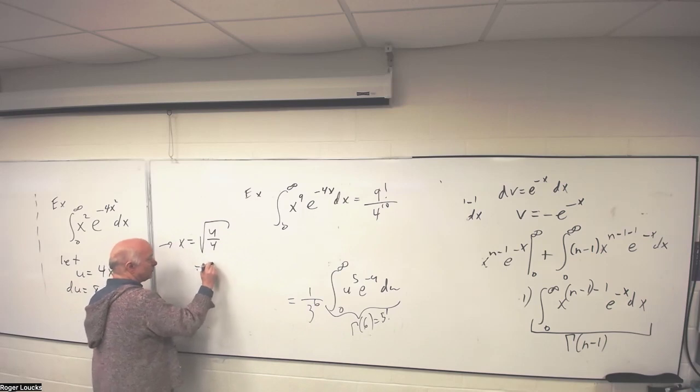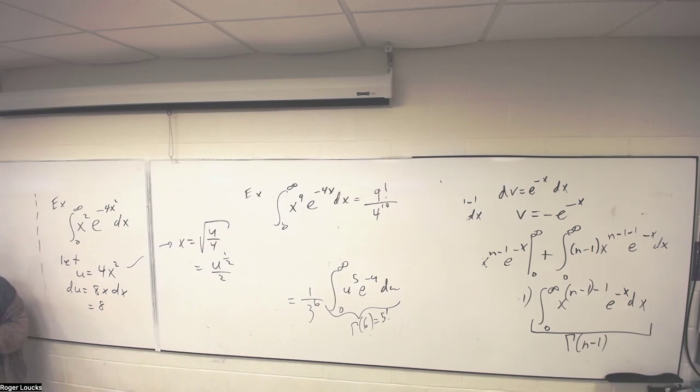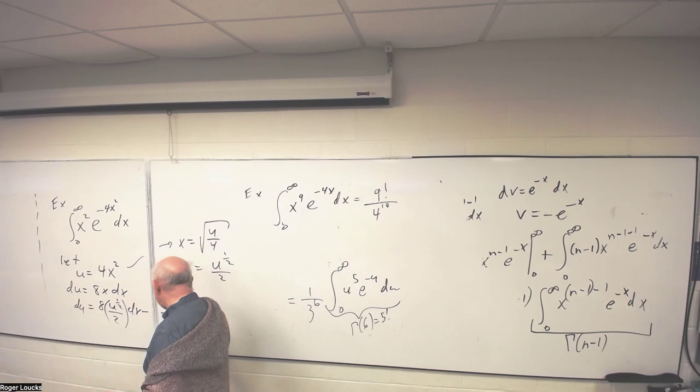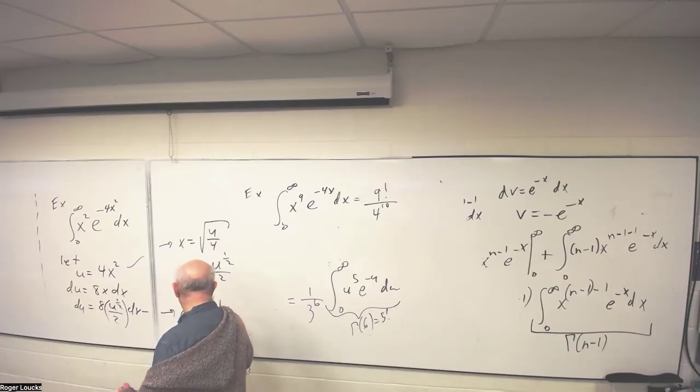Everything else is pretty easy. I can solve this for dx. So dx gives me a quarter du, u to the minus half.